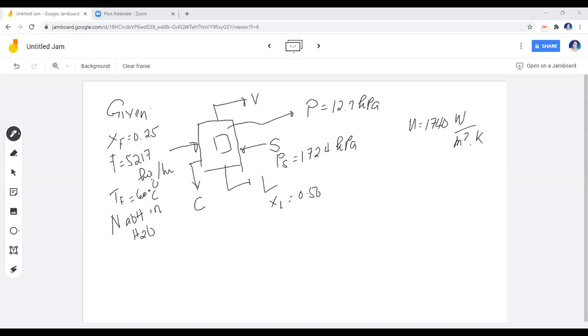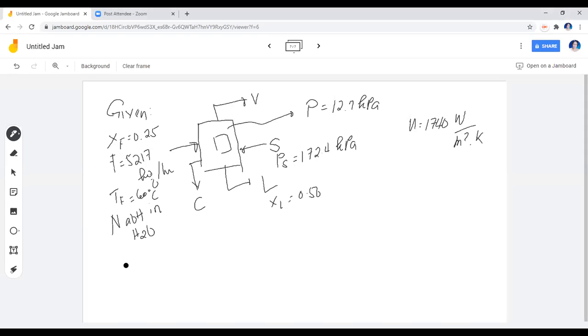The pressure of the saturated steam is 172.4 kilopascal, and the pressure in the vapor space of the evaporator is 12.7 kilopascal. The overall heat transfer coefficient is 1,740 watt per meter squared per Kelvin. You are to calculate the steam economy.